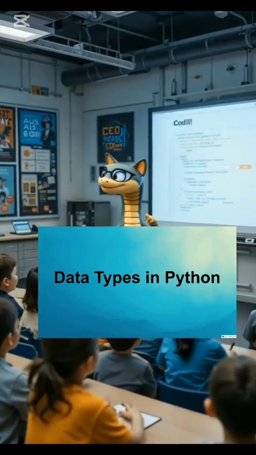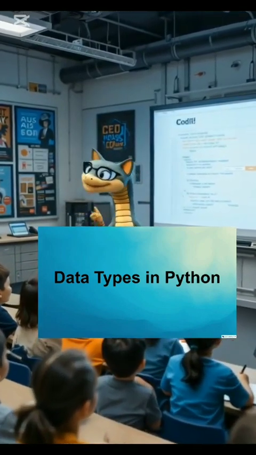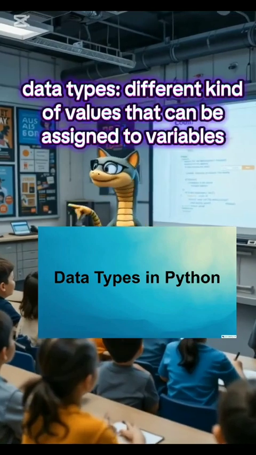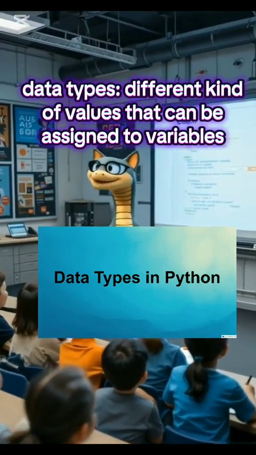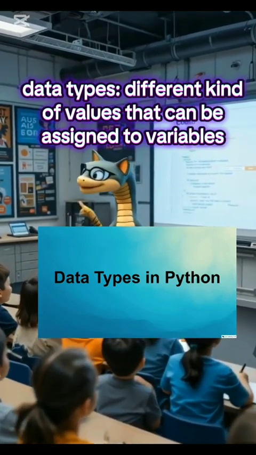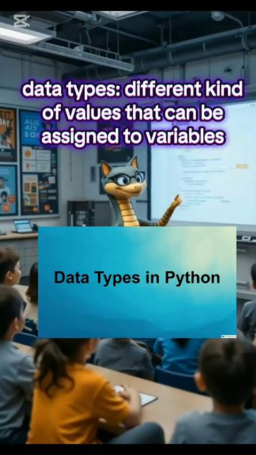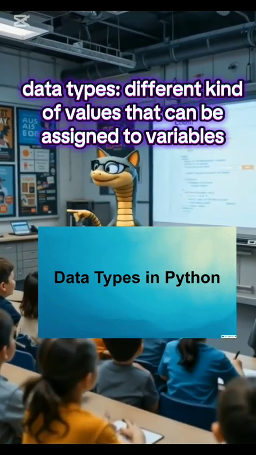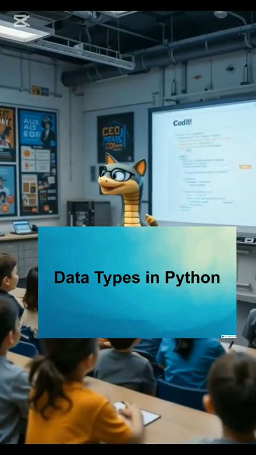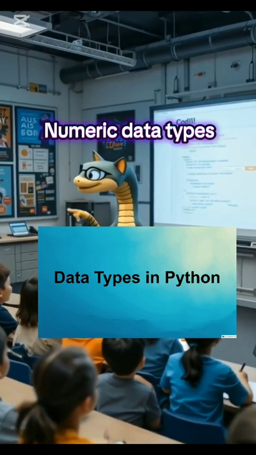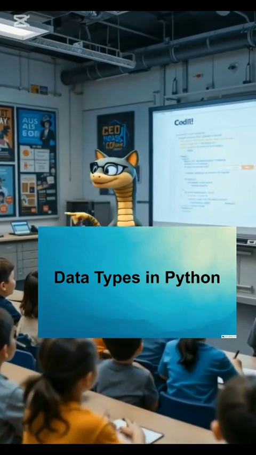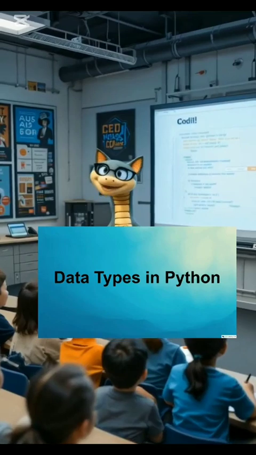Okay, so data types in Python refers to the different kinds of values that can be assigned to variables, and these determine the nature of the data and the operations that can be performed on them. Python provides several built-in data types, which include the first one, numeric, or you can call them numerals, numeric values or numeric data types, anything you want.